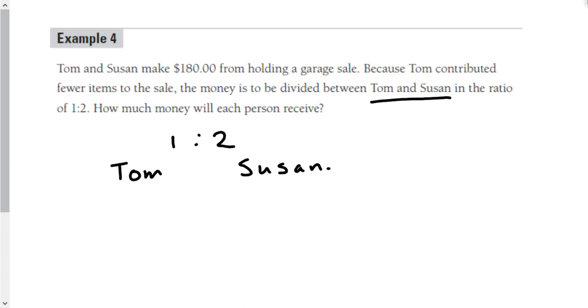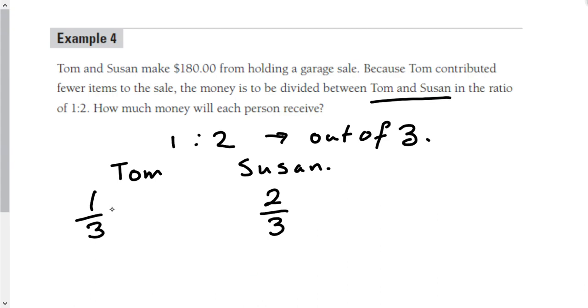The other way that we can look at this is that we can say that for every $3, Tom gets 1. So we would write that like this. So 1 over 3, and Susan gets 2 for 3. And that's because when we add this ratio together, this really says that it's out of 3.